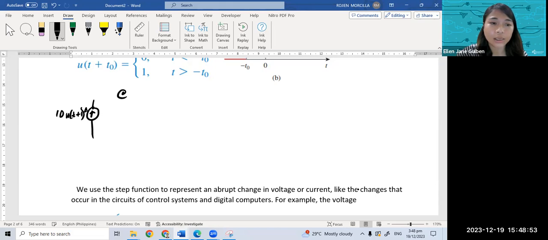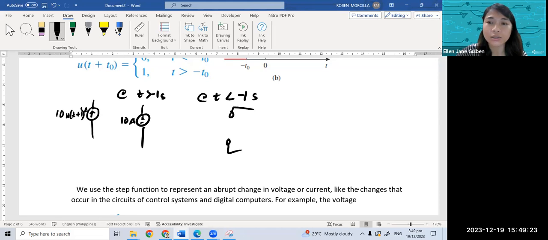Let's look at t greater than negative 1 second. You get 10 amps. At t less than negative 1 second, so you get an open circuit.